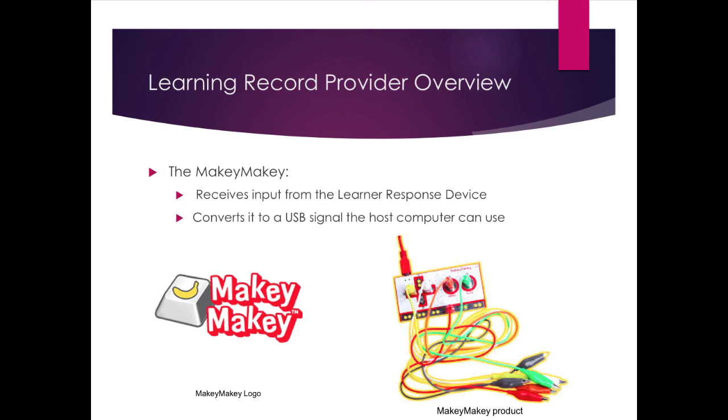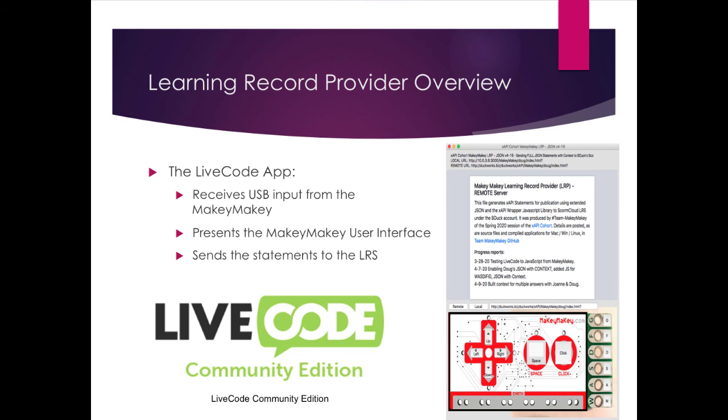The MakeyMakey receives input from the learner response device and converts it to a USB signal that the host computer can use. The LiveCode app receives USB input from the MakeyMakey, presents the MakeyMakey user interface, and animates the input that was received.